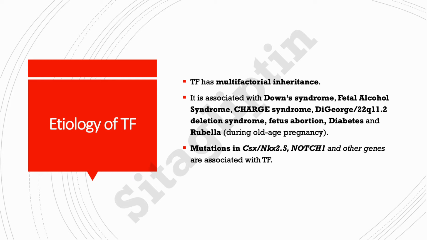If they are mutated, alright, the fetus would have Tetralogy of Fallot. So these are just 2 genes of multiple others that, if they get mutated, would develop into Tetralogy of Fallot. And this was about the etiology. We'll move on to the next slide now.